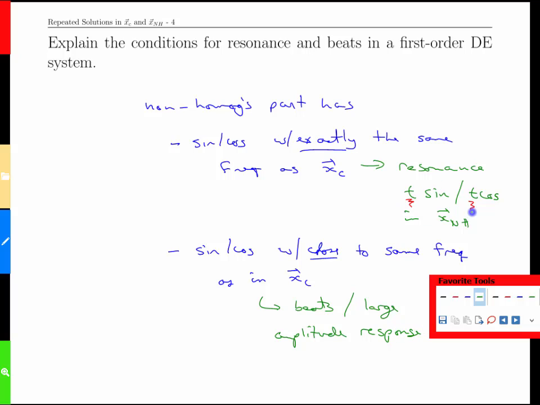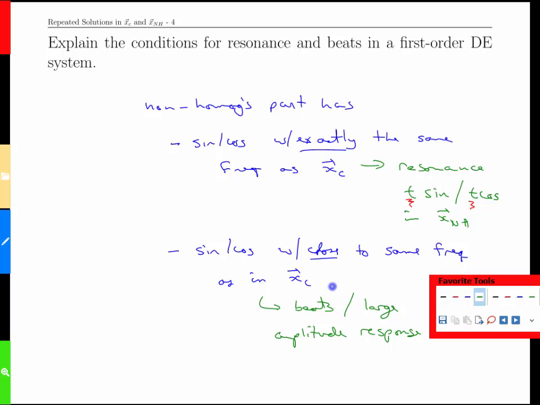Not infinitely growing like the resonance ones, but still very, very large oscillations at the end of the day. Again, we're just trying to restate that theme. External forces which vibrate, which have frequencies and periods. If there's exact matches, we get resonance. If there's close matches, we get large amplitude responses, not infinite, but large.